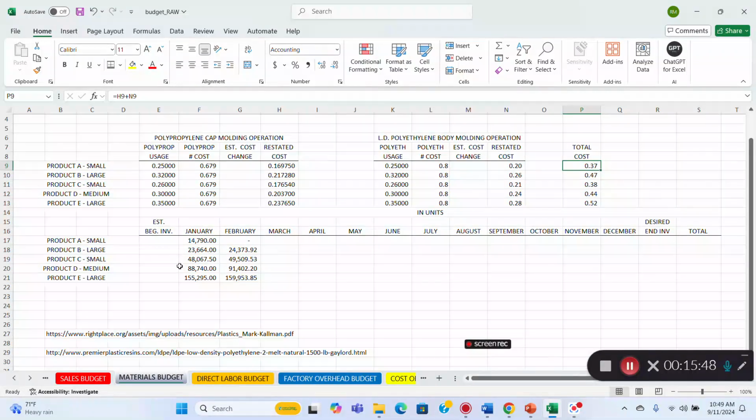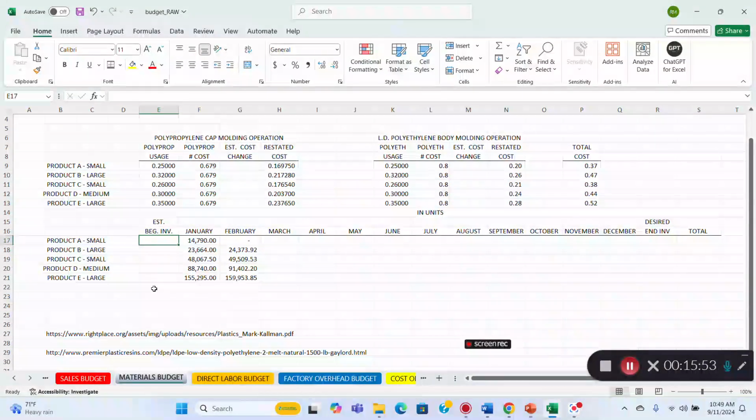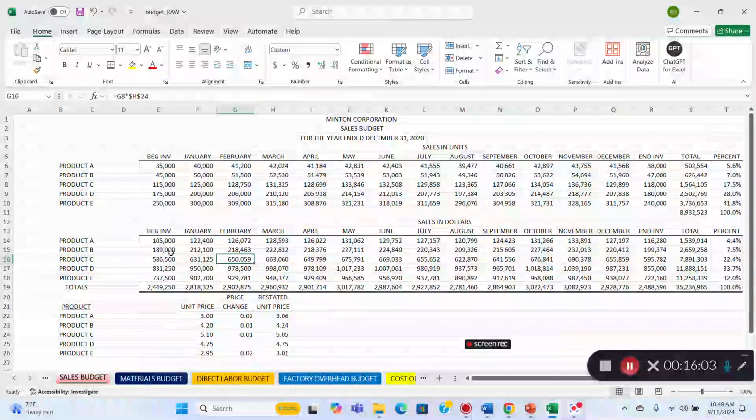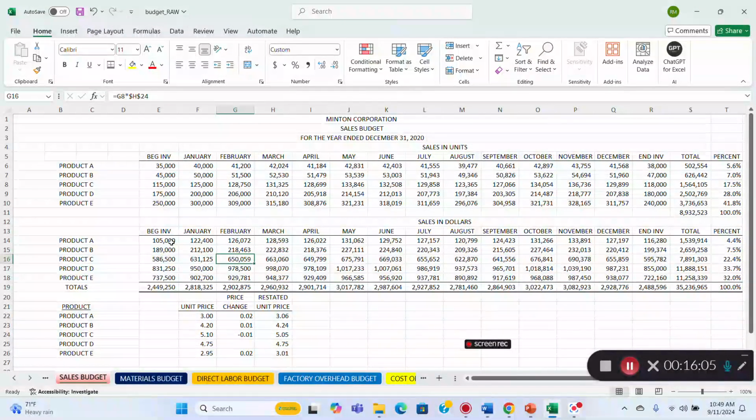Now, again, I would get this number for the estimated beginning inventory and the desired ending inventory. Well, where would it come from? Well, it's going to come from your sales budget over here. So the beginning inventory is, excuse me, up here, your units, 35,000 units.